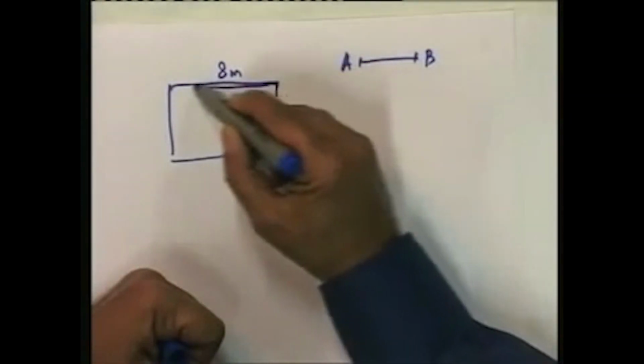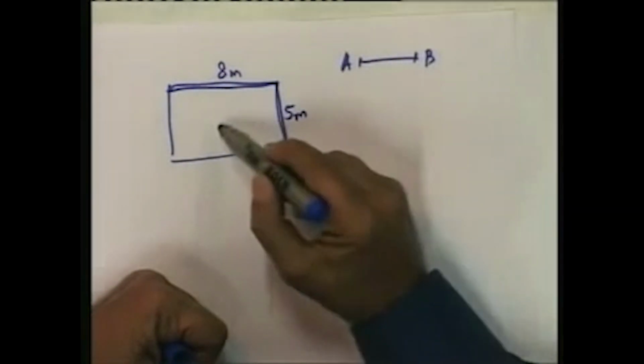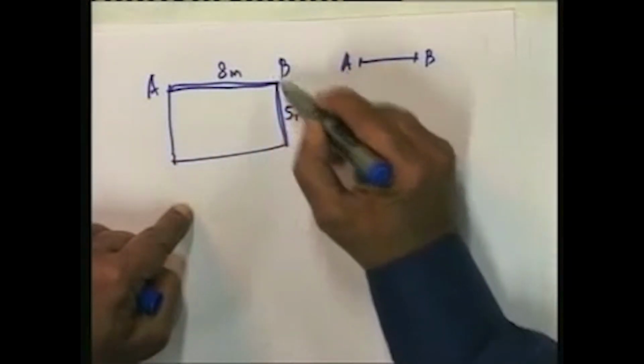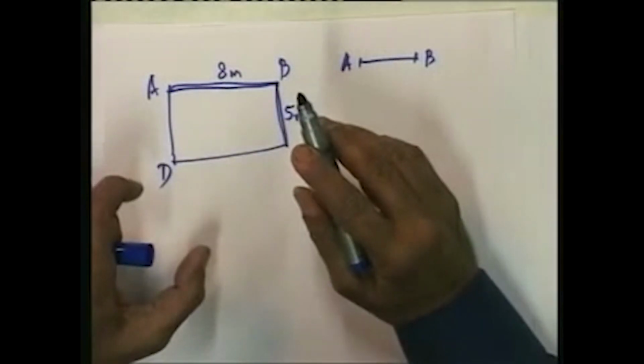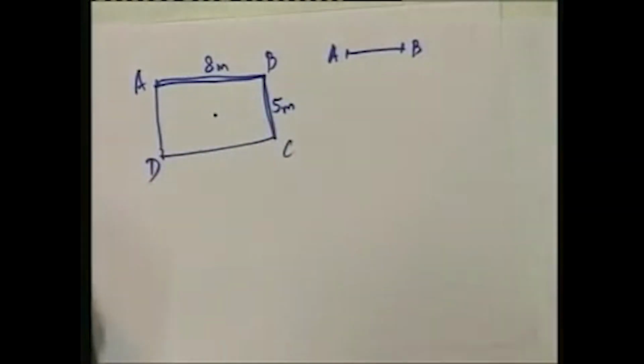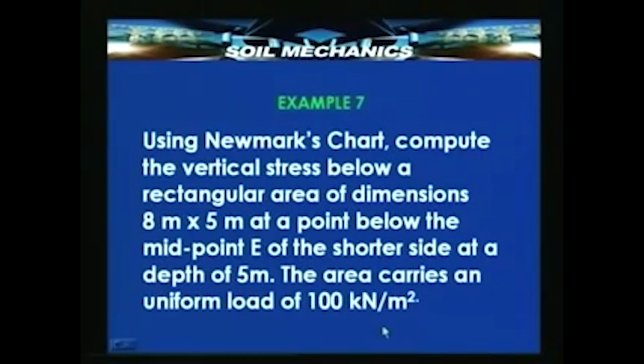Plot this 8 meters using this scale and also this dimension 5 meters using this scale, and then place this area A, B, C, D in such a way that its center lies over the center of the influence coefficient chart. Then we just count the number of areas and get the influence factor. The influence factor multiplied by the load coming on the area, that is 100 kilonewton per meter square, will give you the stress at this point.